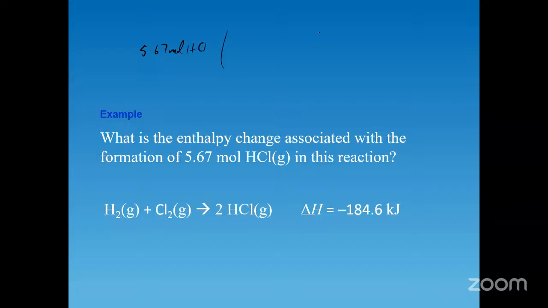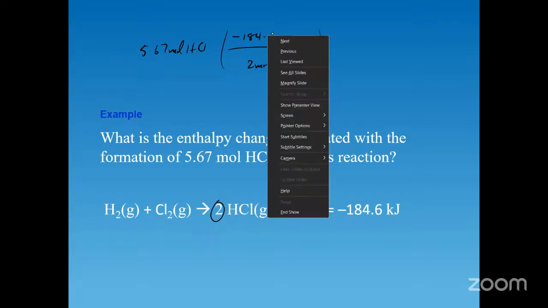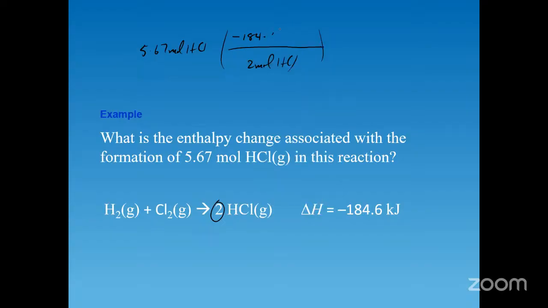Then you multiply that by your appropriate conversion factor: down here you're going to have 2 moles of HCl because you have a coefficient of 2 here, and above you put this value, minus 184.6 kilojoules. And that's it.